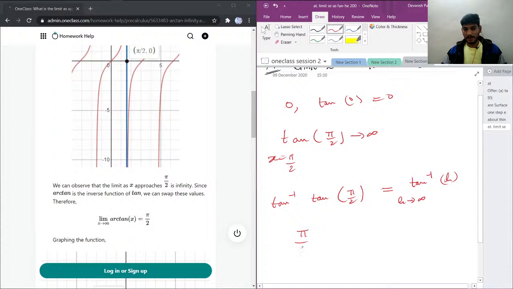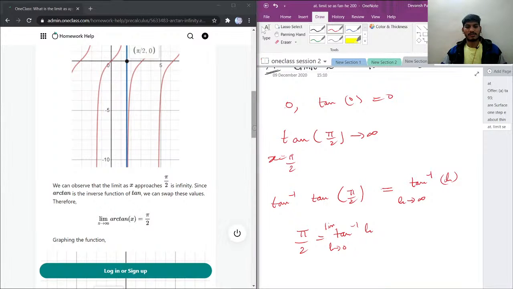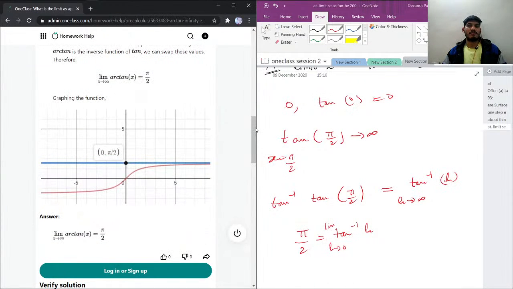Then my pi over 2 is tangent inverse of h, where h approaches infinity in the limit. Because in case of infinity or zeros, we do not just substitute 0 or infinity. We need to use limits to substitute those.